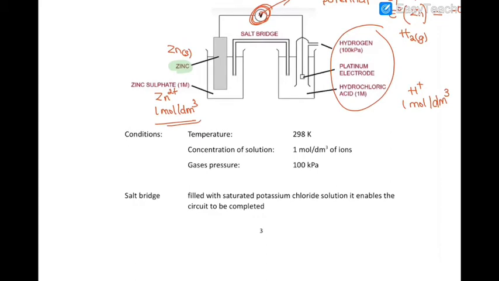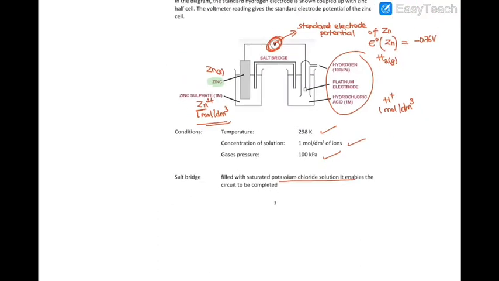So the conditions: you have temperature 298 K, concentration 1 mole per dm cube of ions on both sides, gas pressure 100 kilopascal, and you have a salt bridge which is filled with potassium chloride solution. Now, in the data booklet, you will find the standard electrode potential of a list of reduction processes.